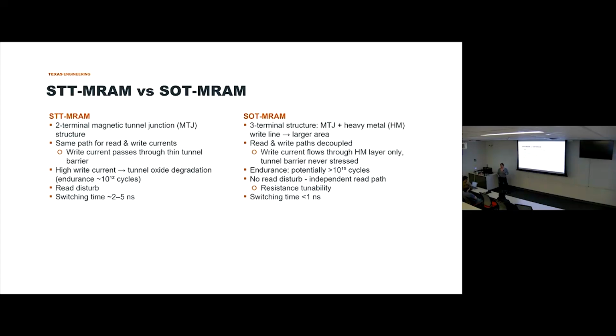This allows endurance to get up to 10^15 cycles, and because you have an independent read path, you're not likely to have read disturb issues. The switching time is around 1 nanosecond, and as we saw in the presentation from our guest lecture, it can be below 1 nanosecond now.